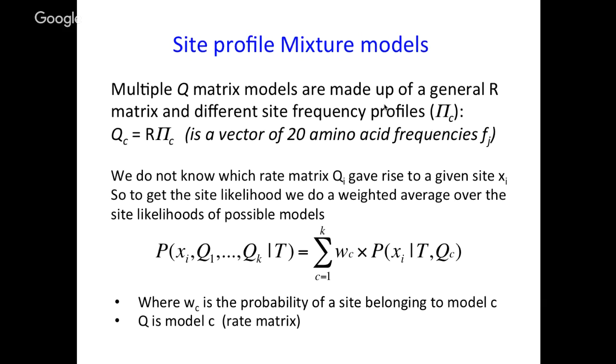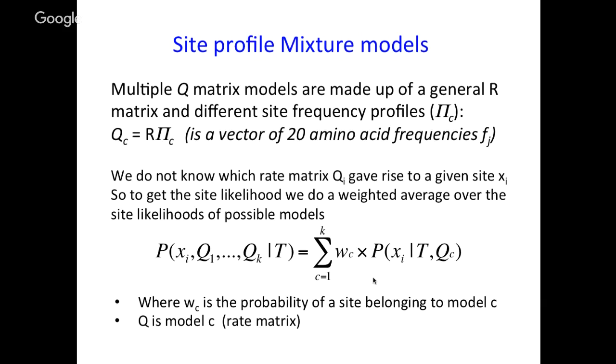If this is the probability of the data given the tree and a particular class rate matrix, we can get the joint probability of that site and the class by multiplying by the probability of the class itself, the frequency with which that class occurs in the data set, and that's given by these weights.